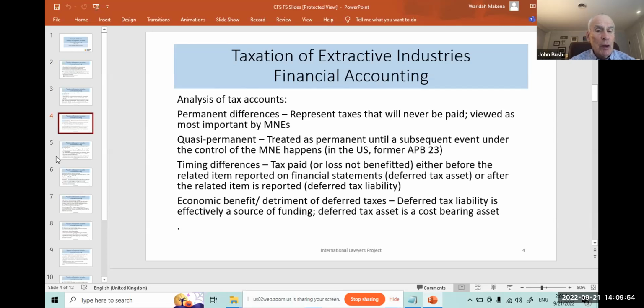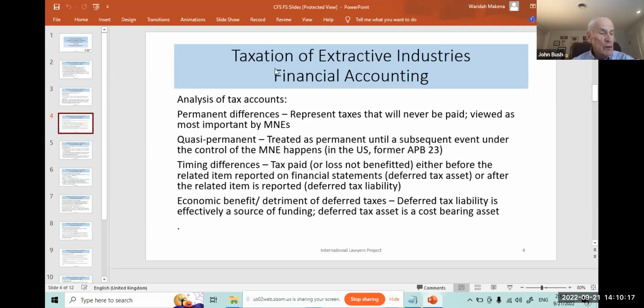When we talk about differences between financial accounting income and taxable income, we refer to them as permanent differences and timing differences. Permanent differences are taxes that will never be paid. And there may be reasons for that. There may be a tax holiday in a country.